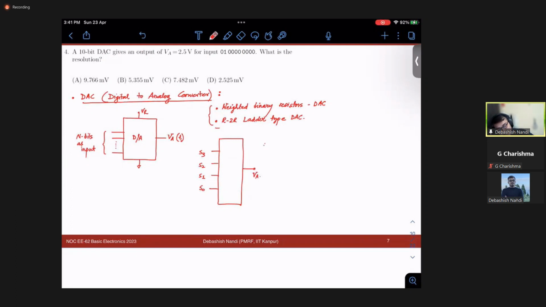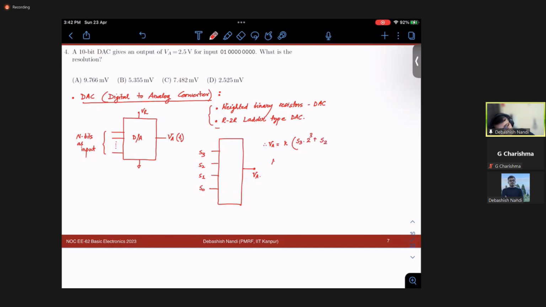So how will the output look like? Output will look like something like this. Okay, this will be your K. And K is proportional to your VR, the reference voltage, or you can take it as the resolution, right? Let me just write down the formula first.